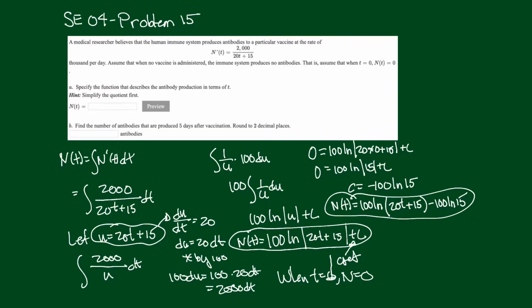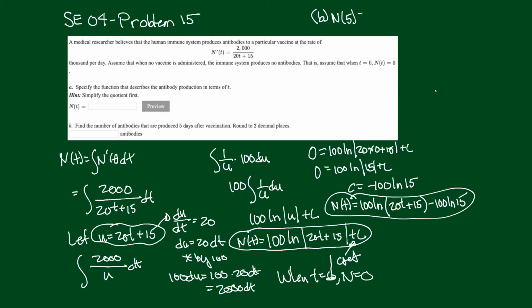And part B, I'll do that way up here at the top. What I want to do here is find the number of antibodies produced 5 days after vaccination. So we want n of 5. So we're going to put that 5 right in here and compute.